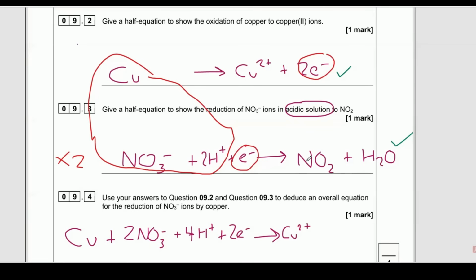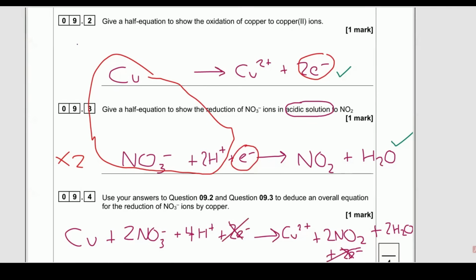And I want to write 2 lots of NO2 because we doubled everything down here. And I want to write 2 lots of H2O because we doubled everything down here. And also I've got 2 electrons plus 2e-. But guess what? The electrons actually cancel on both sides.